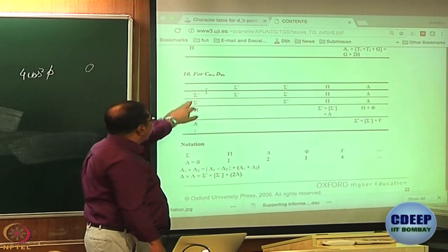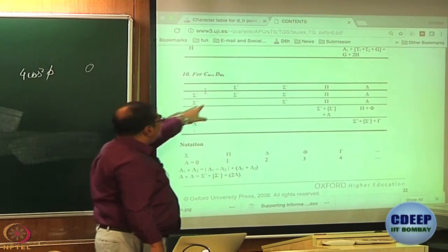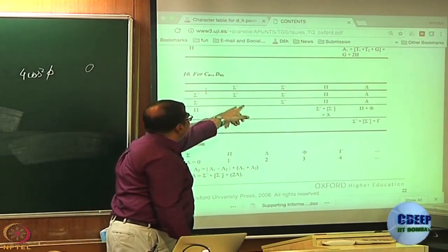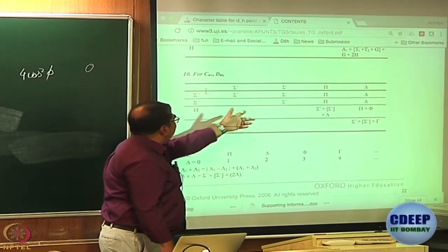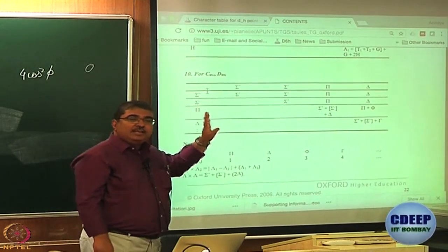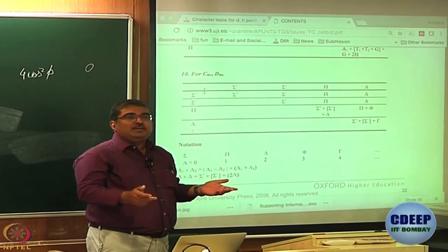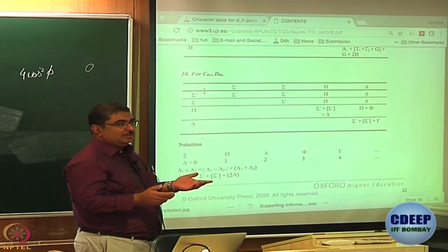What is given is just sigma plus, sigma minus, pi. You take pi and sigma minus, what do you get? You take sigma minus, what do you get? And so on and so forth. Just looking at the table you can figure it out, and then g or u comes from g cross g, or g cross u, or u cross g, or u cross u.